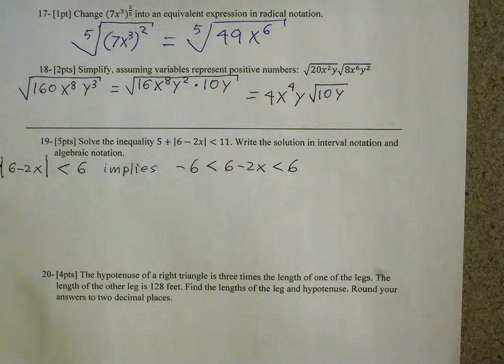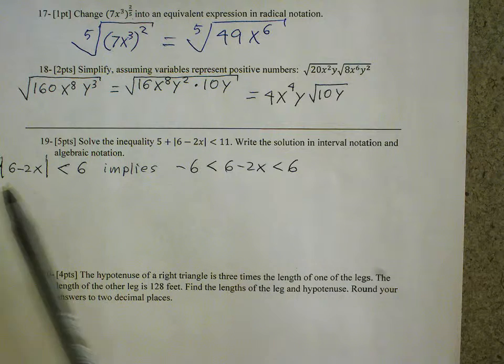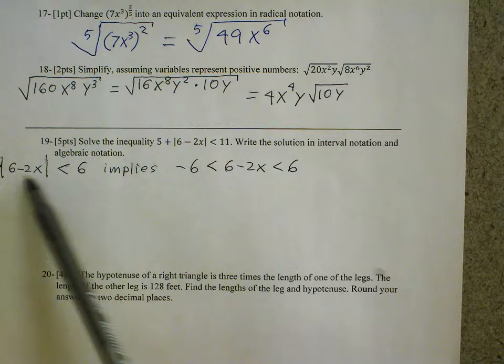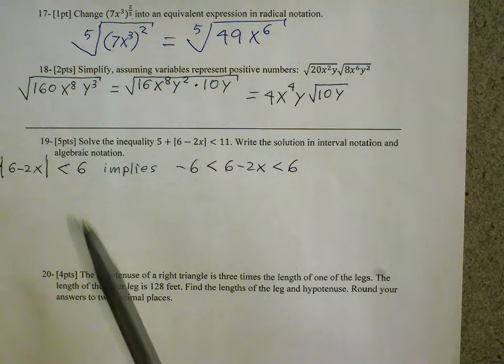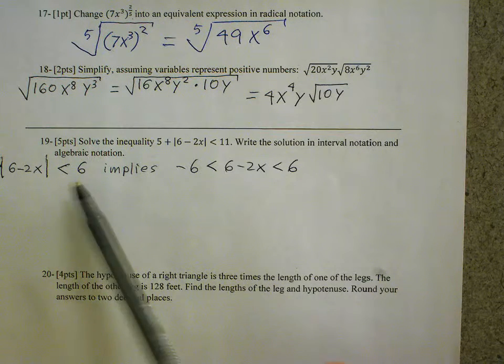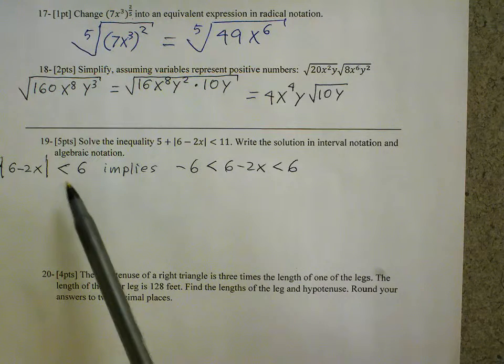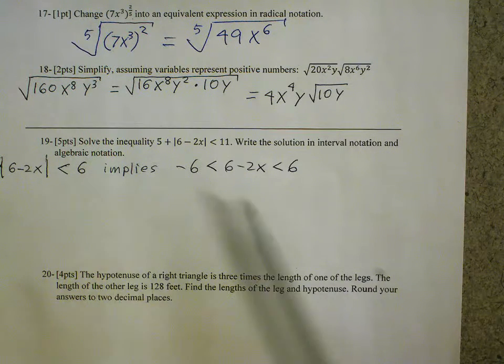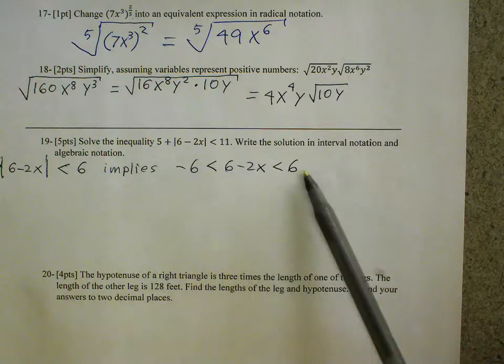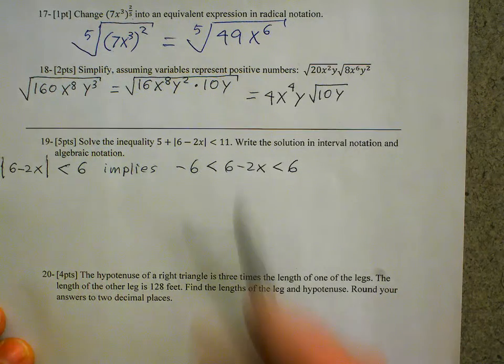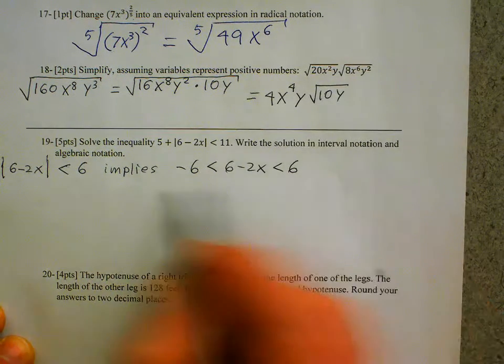It represents one number at a time. So if the absolute value of a number is less than 6, then the distance that number is from 0 cannot be more than 6. That means that number has to be between -6 and 6. Okay, we can solve this compound inequality.